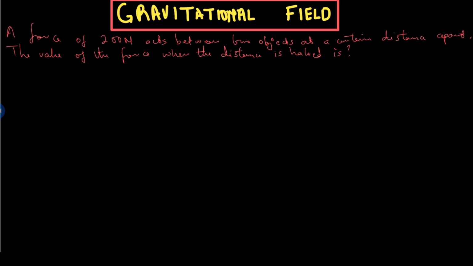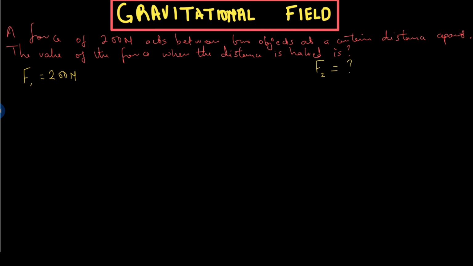Another question. A force of 200 Newton acts between two objects at a certain distance apart. The value of the force when the distance is halved is? Let's interpret what this question is saying. Initially, the force we had was 200 Newton. The question asks us to calculate the final force, which we have no idea about at this point.